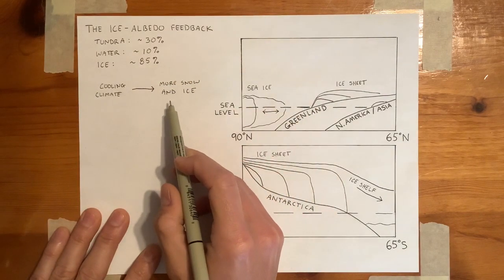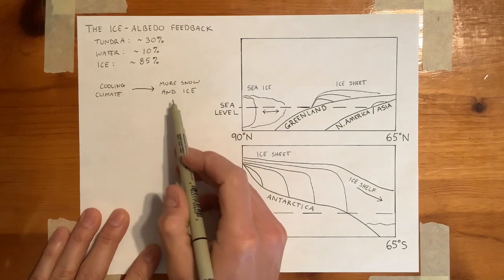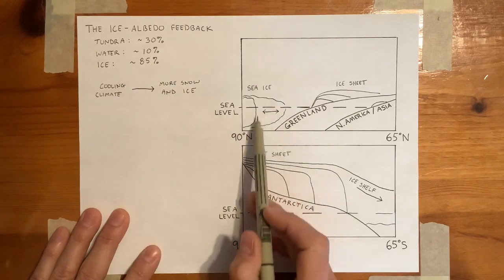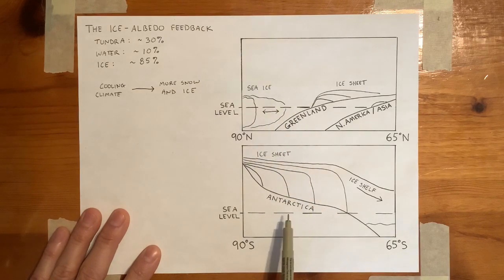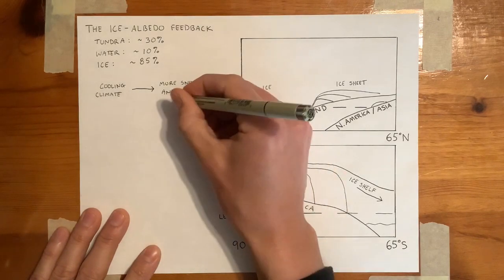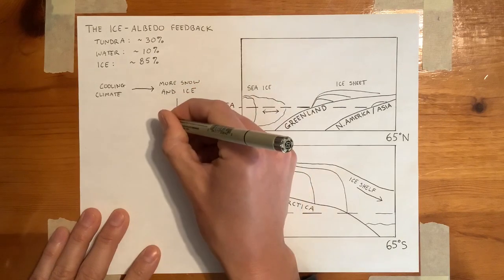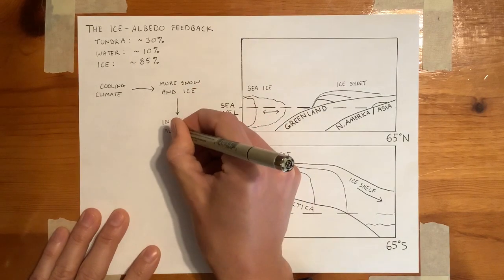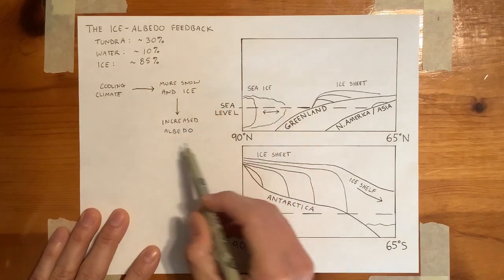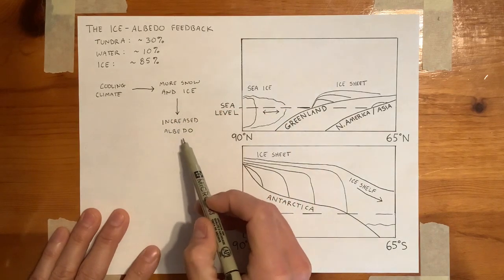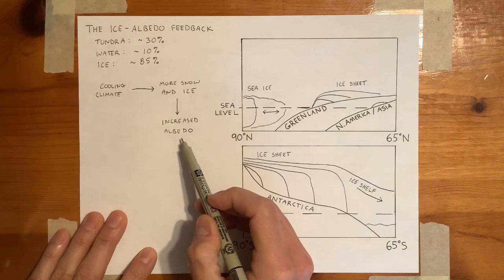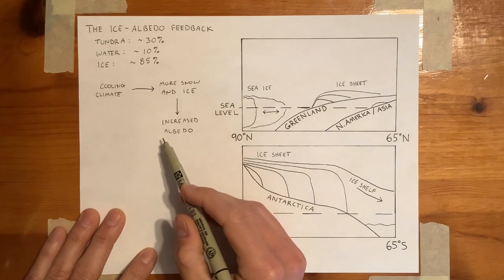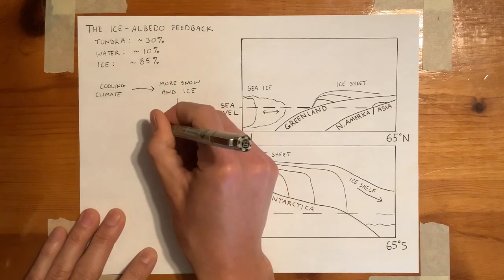Once we grow more snow and ice, that snow and ice has a much greater albedo than either the ocean water or the tundra that used to be in its place. That increases the albedo of the Earth's surface where that ice is formed. And that, in turn, causes less solar radiation to be absorbed.